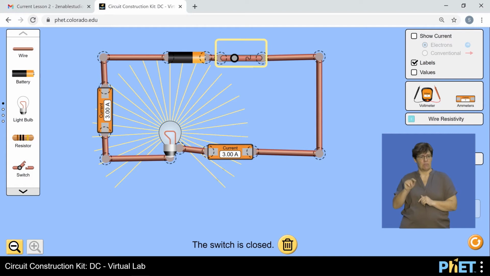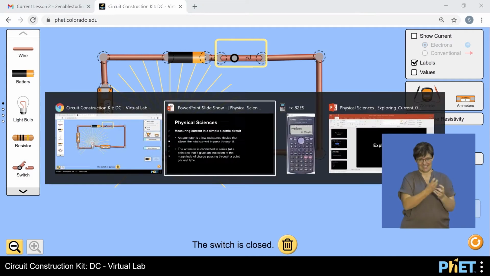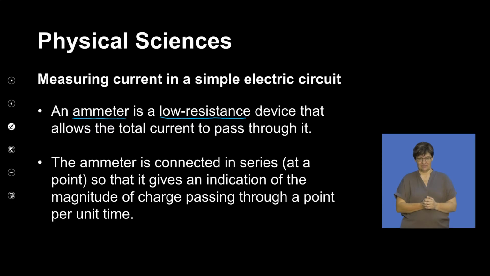Now, the point that we're trying to make is that the position or the connection of an ammeter in a circuit does not affect the total current in the circuit, which is why we say an ammeter is actually a low resistance device, right? Now, going back, it says the ammeter is connected in series. When we say we connect in series, we mean that it is connected at a point.